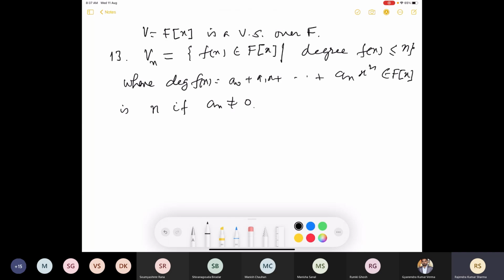So this consists of all polynomials of degree at most n. Then this becomes a vector space. So you can verify that Vn is a vector space.